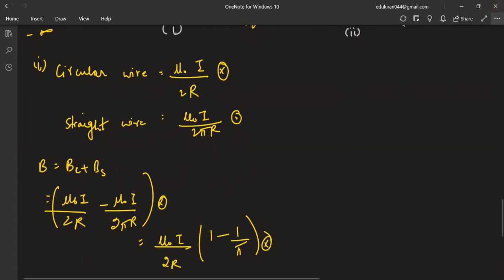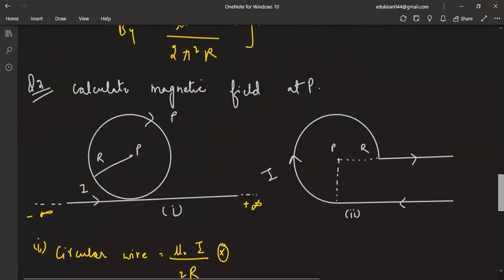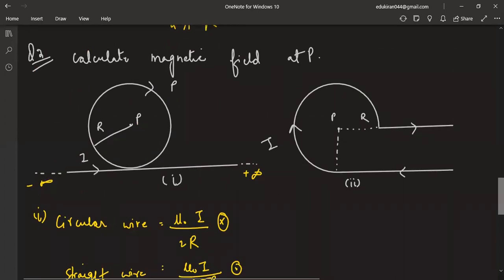Coming to the second one, in which you people were facing issues. See, there will now be magnetic field due to this portion. Whenever you have a wire and you are finding the magnetic field along its axis, the magnetic field becomes 0 along the axis. Isn't this point P lying along the axis of this segment?